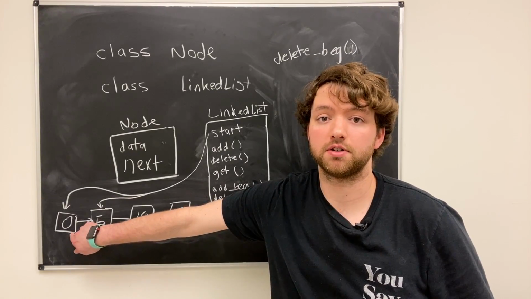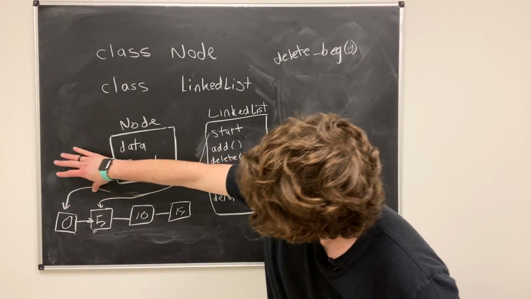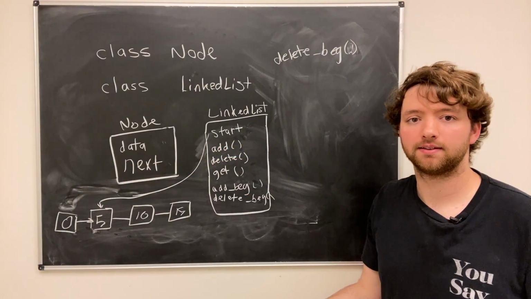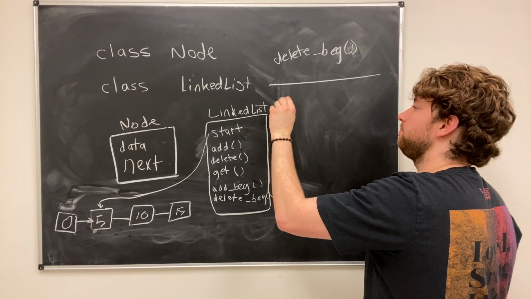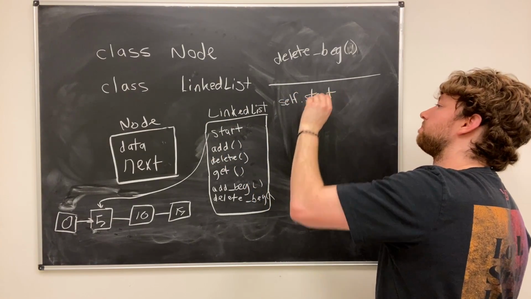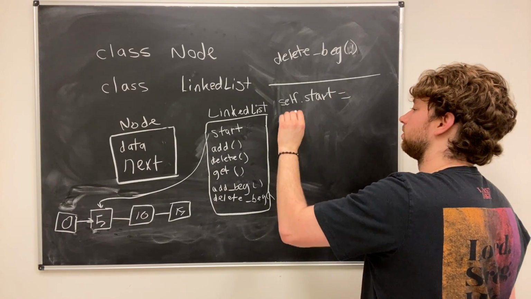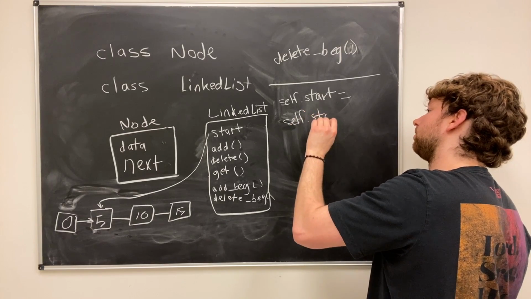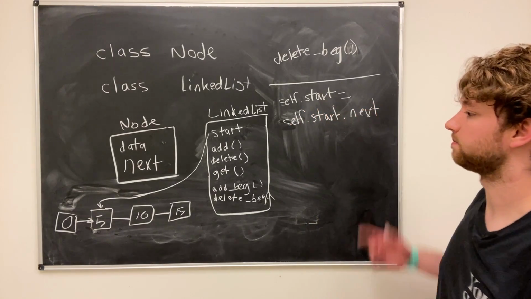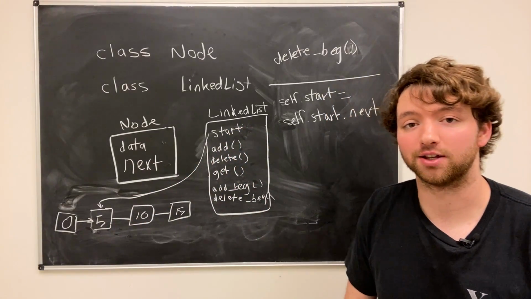So we're going to skip that first element at index 0, go to index 1. So just going to change that pointer, and that's it. So to do that, all you have to do is say start is now equal to start.next. So you just move up 1 and replace that value. Boom, you just deleted an element at the beginning.